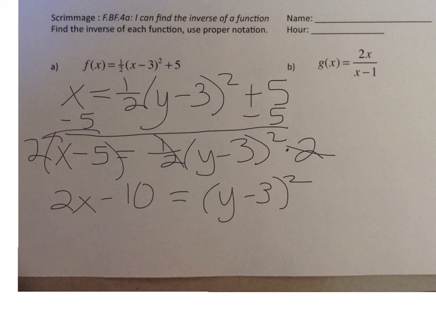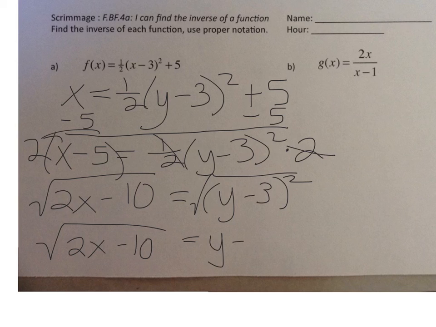The next thing we need to do is to get rid of the square by square rooting both sides. And then get rid of the -3 by adding 3 to each side.